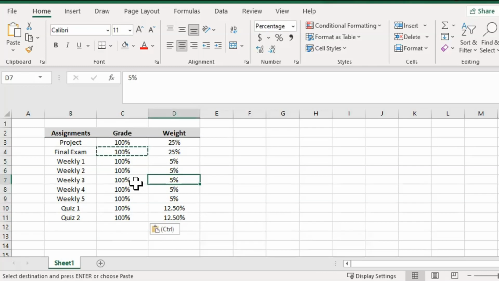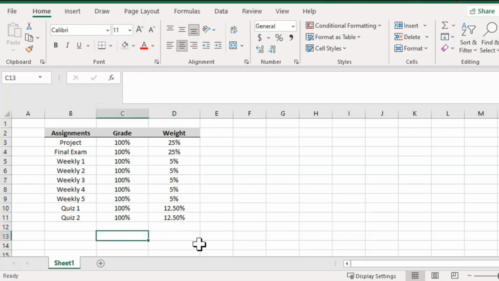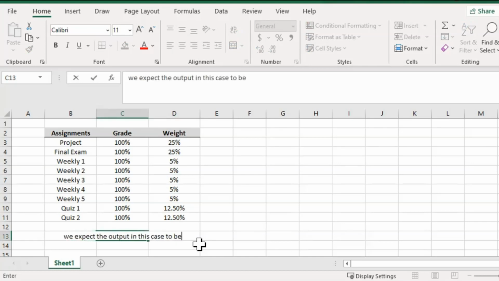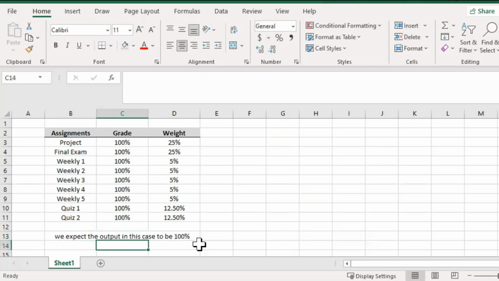And so because I have scored, and this is kind of the simplest case, 100% on each assignment, I would expect my final grade to be 100%. And so as we build an additional formula for a weighted average, we will keep this in mind. So our expectation, which I'll just write here, is that we expect the output in this case to be 100%. Okay. And so this is our assumption for this case.